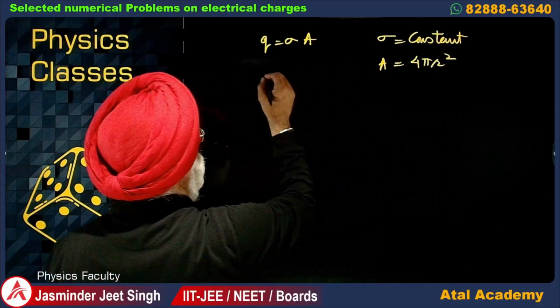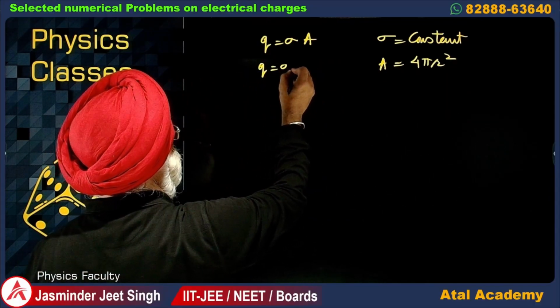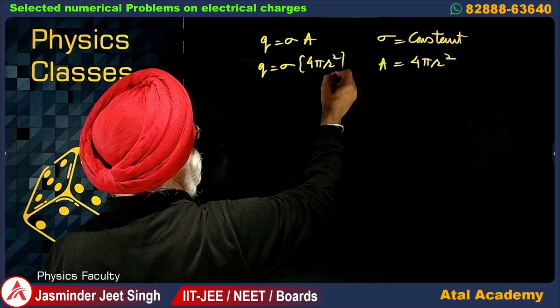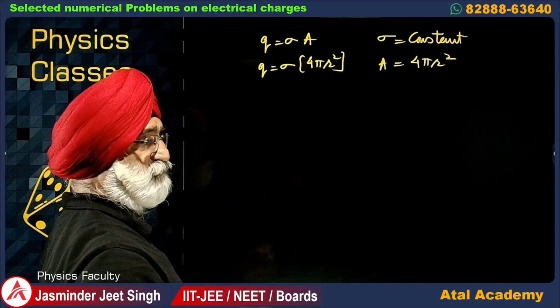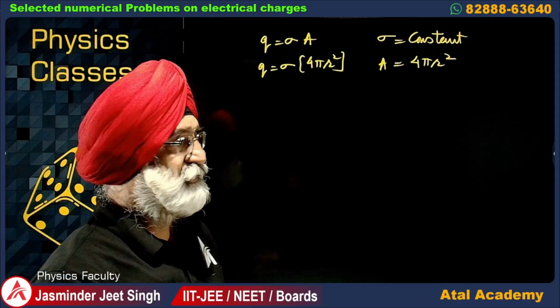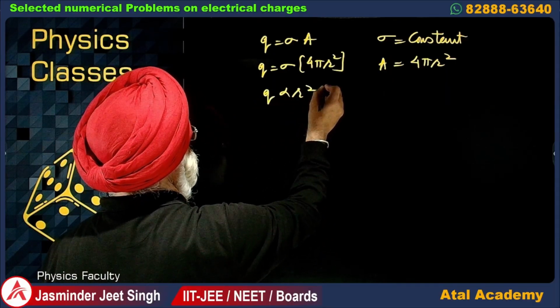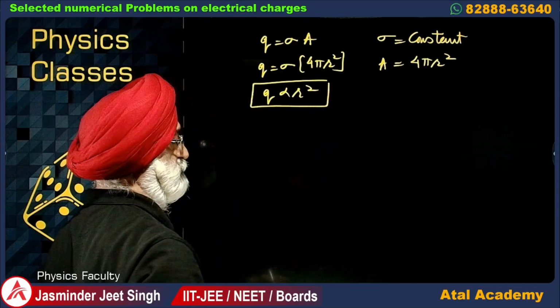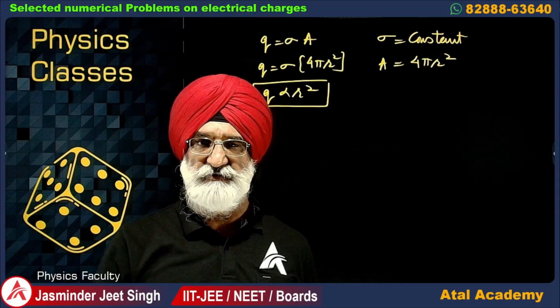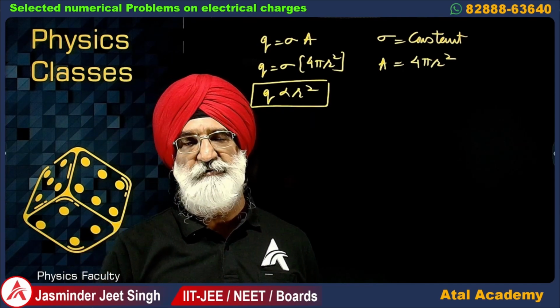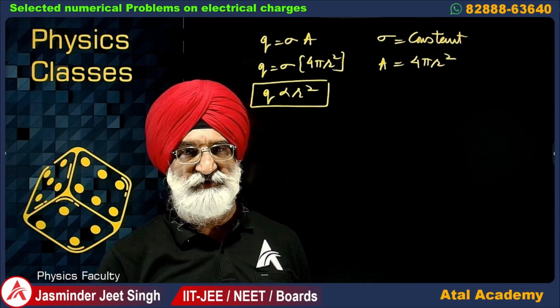so we can put the value here. Q will be sigma into 4 pi r square. Sigma and 4 pi are constant terms. Here charge will be depending upon square of the radius. Means that when you distribute the charges among the 4 spheres, the charge will be depending upon the square of the radius.